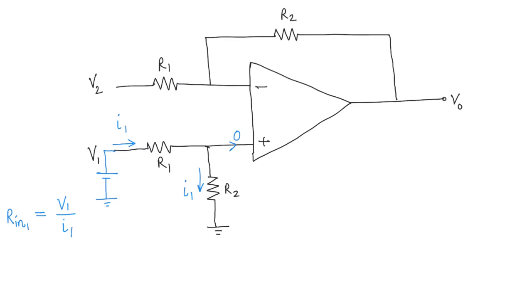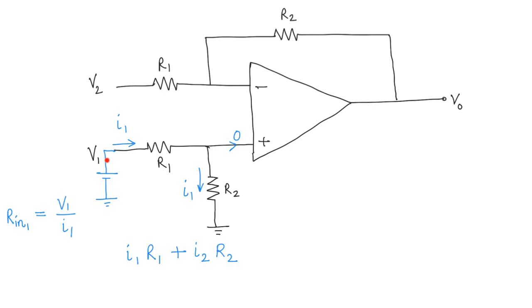If you want to write an equation for the voltage drop across R1, it is going to be I1 R1, and then we have a voltage drop across R2, which is going to be I1 times R2. Both these voltage drops add up. What I'm doing is writing Kirchhoff's voltage law in this loop.